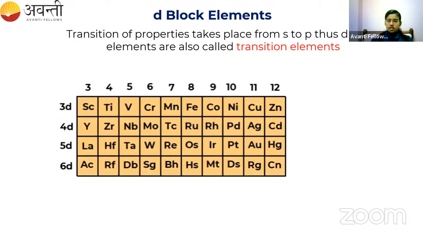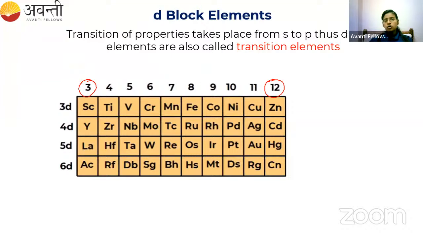These are the four D series in the periodic table: 3D, 4D, 5D, and 6D. So there are four D series in our periodic table, and the D block occupies from group 3 till group 12. This is the information regarding the D block.